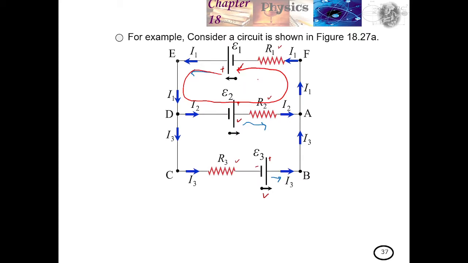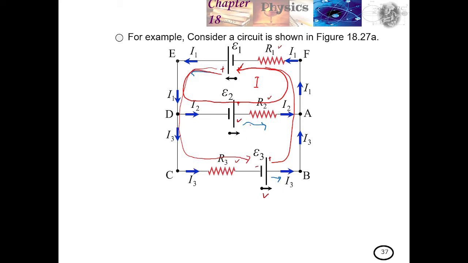So this is the first loop. The second loop: I take E3, the EMF of E3, and it goes over here, then goes up, joining E1, then goes down and goes back to E3.